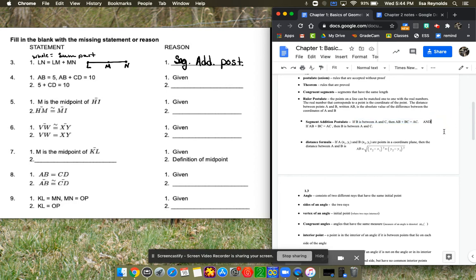So my next question has a statement that the length of AB is 5. I have an addition problem of AB plus CD equals 10, and this is given information to me. And then my next line now says 5 plus CD equals 10. So once again, I'm looking at my addition.